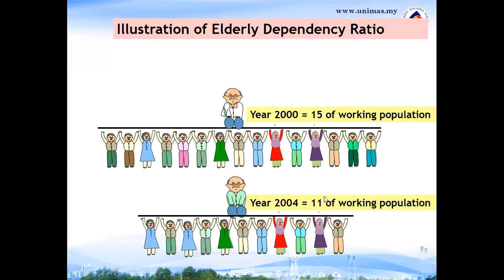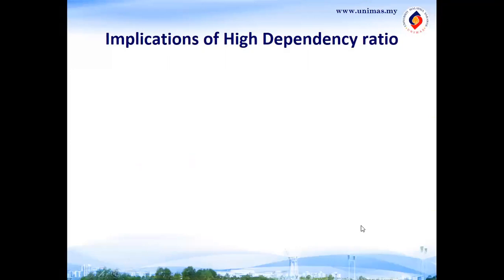Now that's two ways of looking at it. So this is just an illustration of elderly dependency ratio.